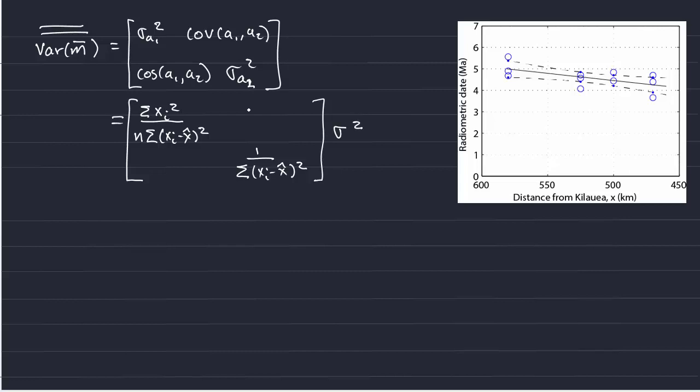And the covariance turns out to be the mean value of x divided by the sum of xi minus its mean squared, and then we have x hat divided by the same sum.